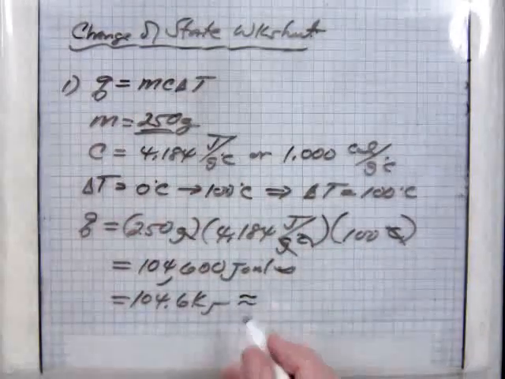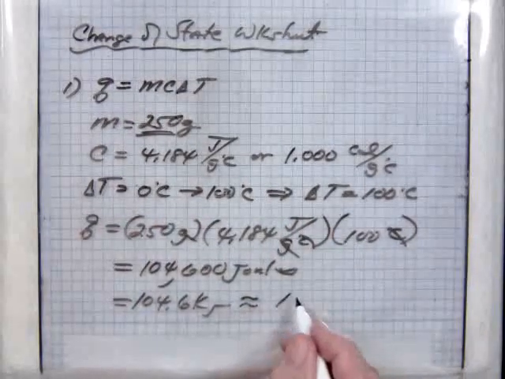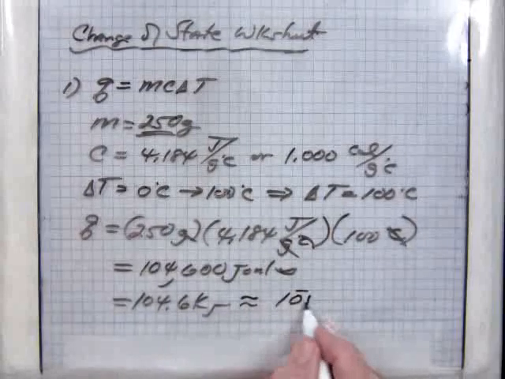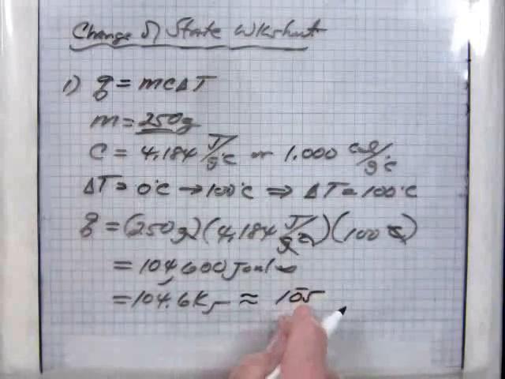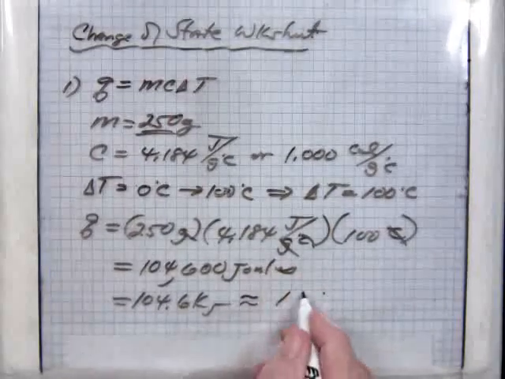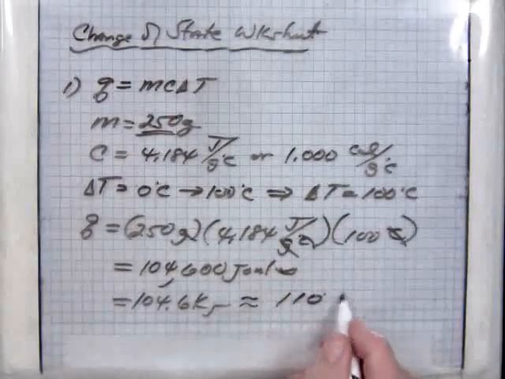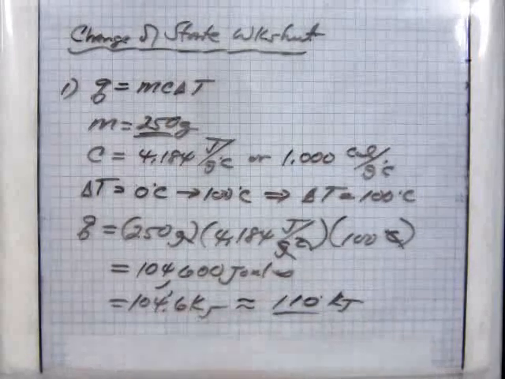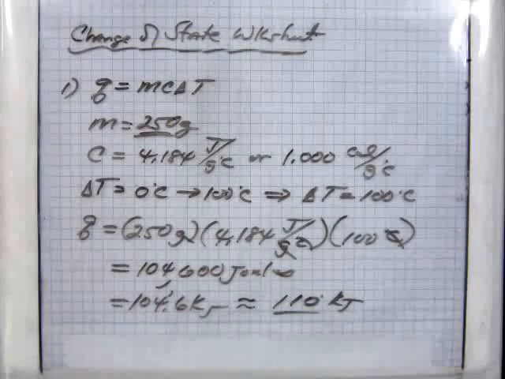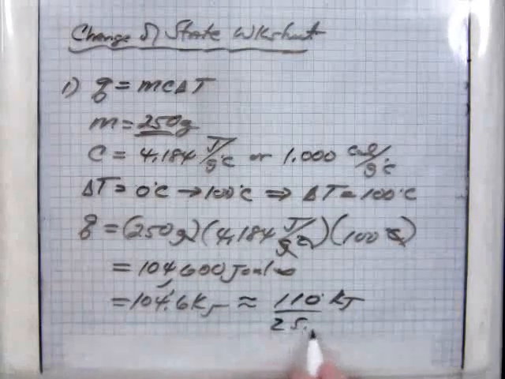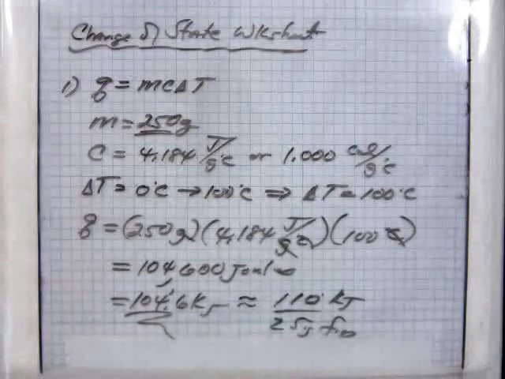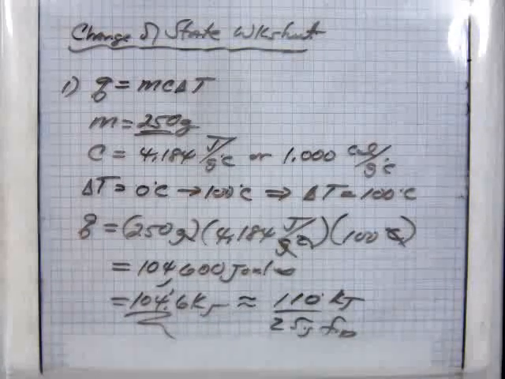So in reality, this would be 105, but you only have 2 sig figs, so that'd be 110 kilojoules, because the 5 would round the 0 up to a 1. So this is 2 sig figs. We'll leave it at that. You don't have to worry about that, because just look at the answer choices. They'll tell you what degree of accuracy you need.